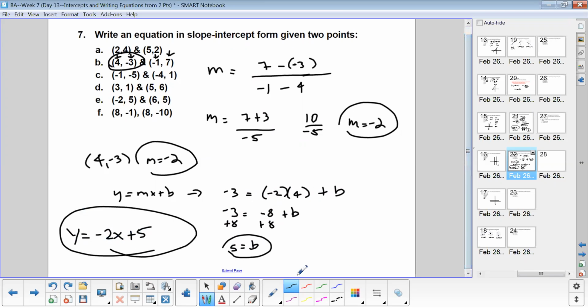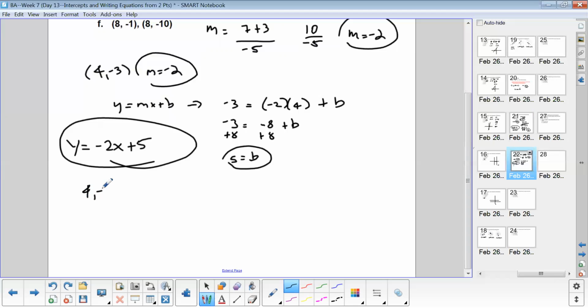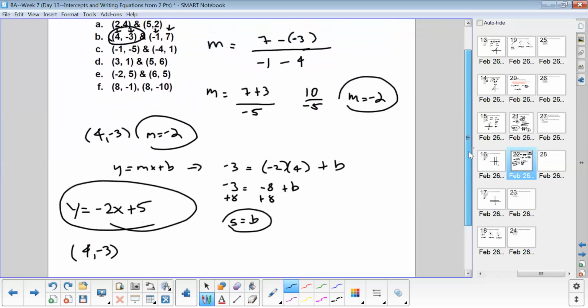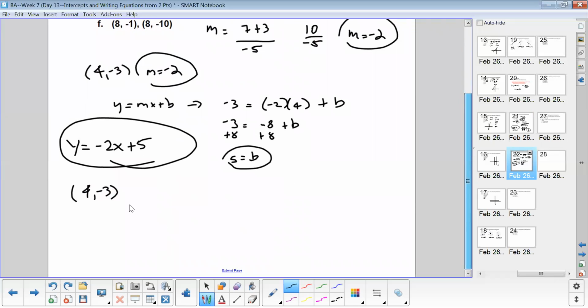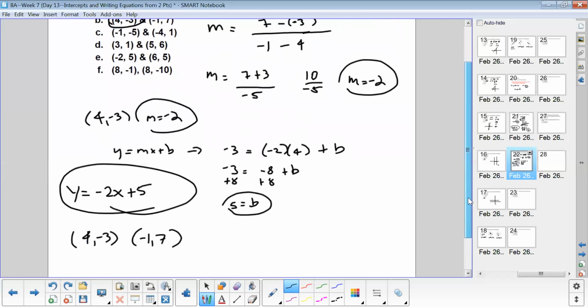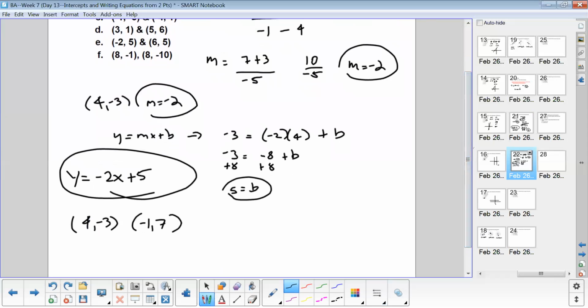And remember, we're looking for 4, -3 and -1, 7, what I was given. So I'm going to go to the calculator and type in y equals -2x plus 5.